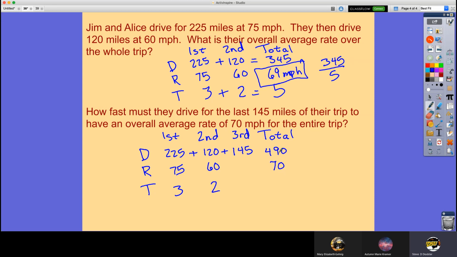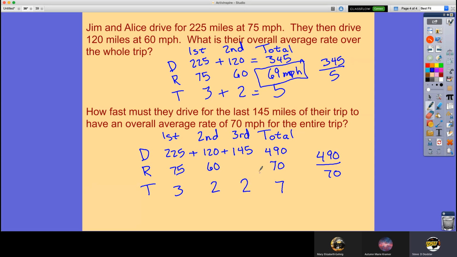What else can we figure out then after we found that? We can find the total time. What is that? 7, because it's 490 divided by 70 gives us 7. If we know the total time is 7, what can we figure out next? Yep, our t has to be a 2 here.